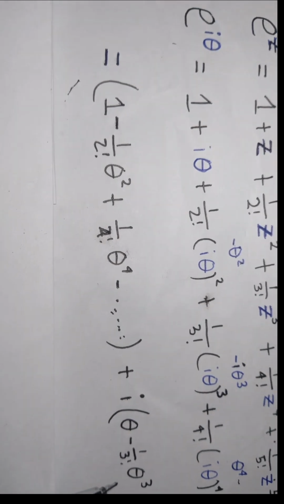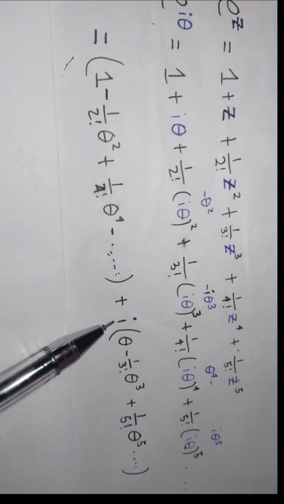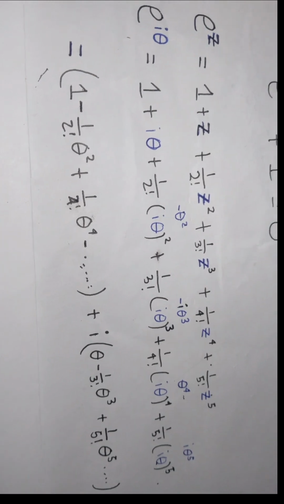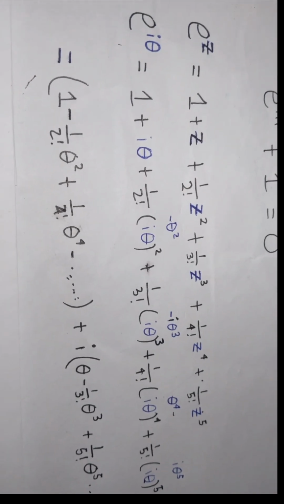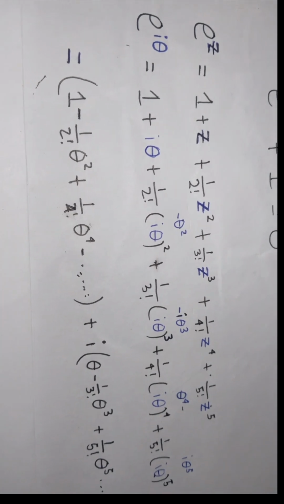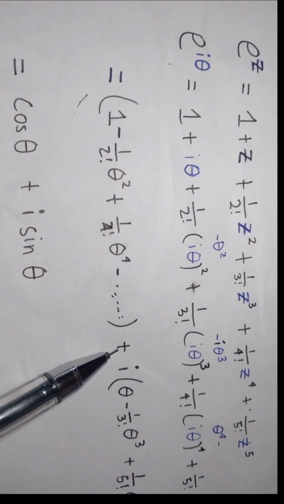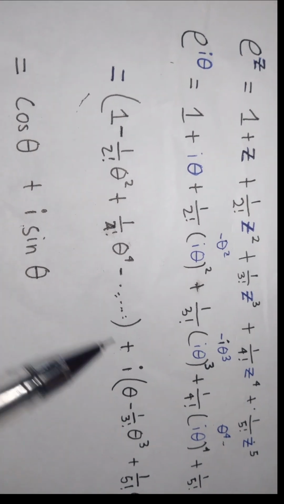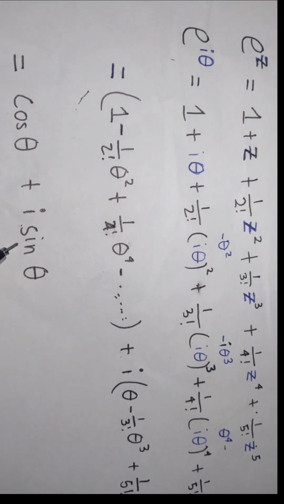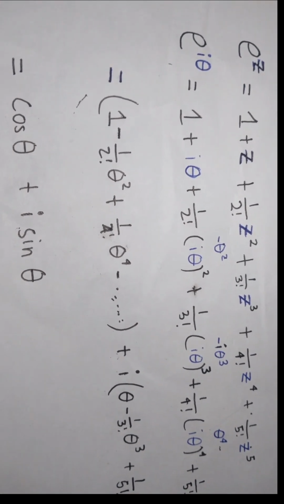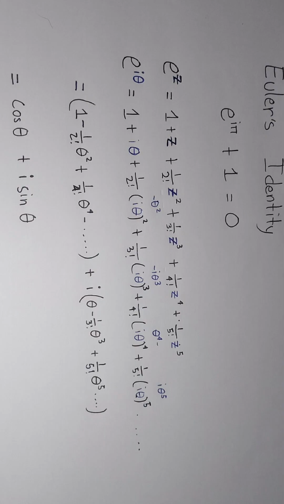Since we have this answer, we base it on the power series of cosine, and this is the same also as the power series of sine. We copied the cos and sin, and this is cos theta plus i sin theta. And this is the phase now.